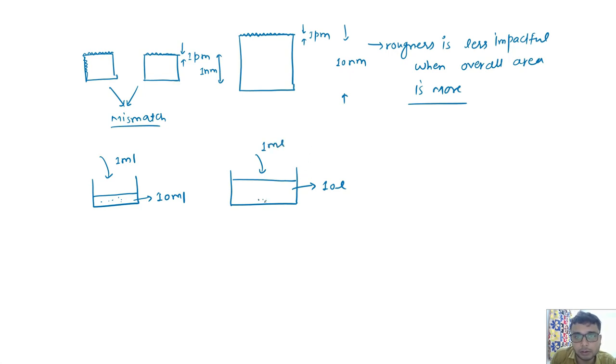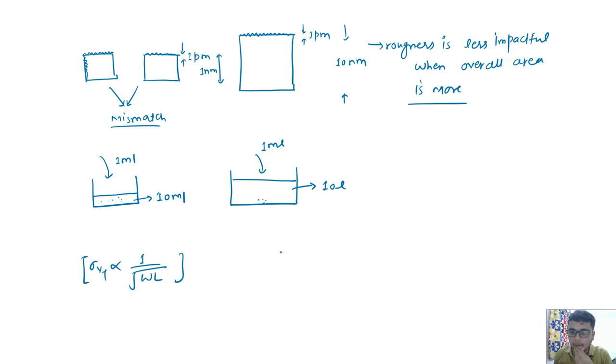It will be of no significance. Simple logic: any roughness after the design will be more visible in smaller area devices and less visible in larger area devices. So simply by increasing the area, we can reduce the VT mismatch. This is one way.